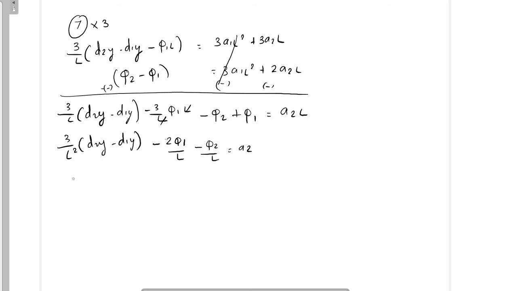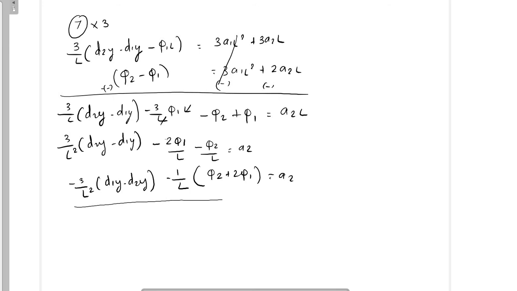So I am going to rearrange the terms in terms of d1y. So you can put minus 3 by L square d1y minus d2y minus 1 by L, taking outside pi 2 plus 2 pi 1, which is equal to a2. So we got the value of a2 here.